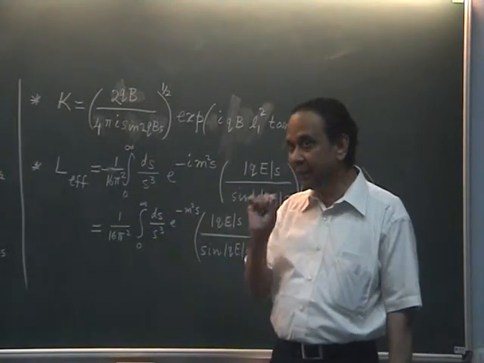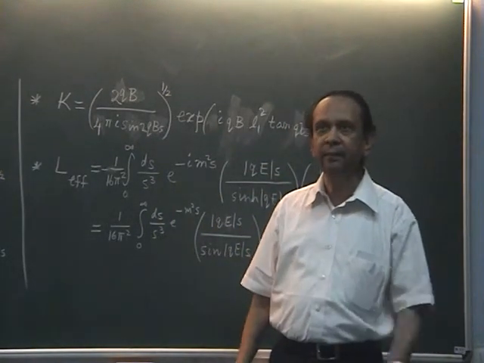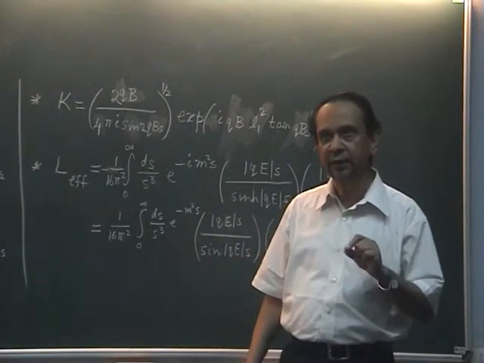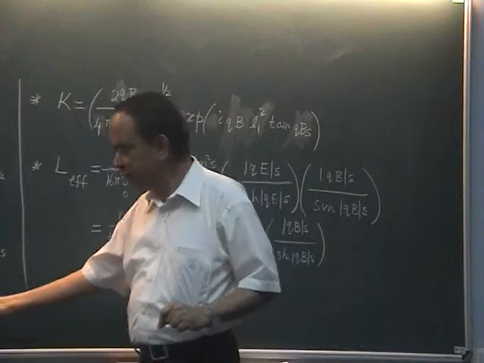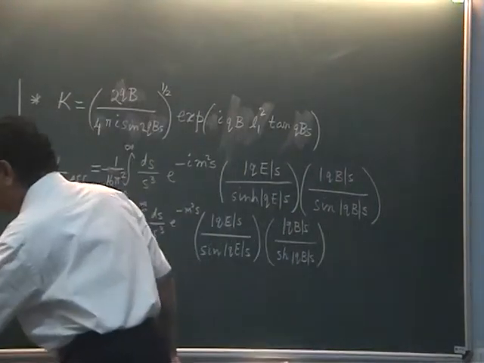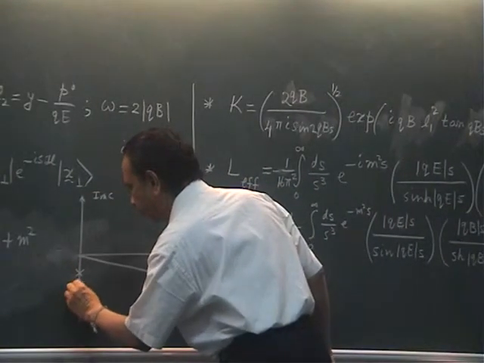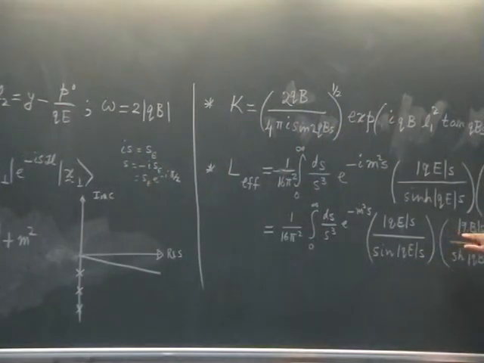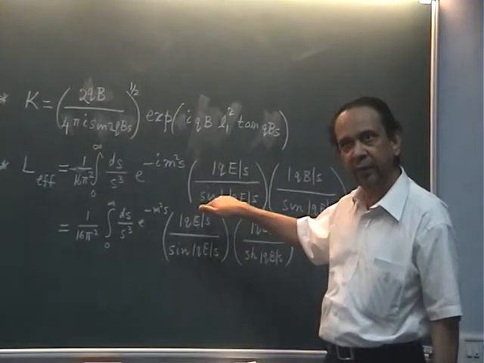There is just one problem, and that problem gives you something of remarkable physical consequence. When you do this rotation, there are poles sitting here. These are the poles at n pi due to the sinh term, because sinh for imaginary values of s is going to become sine.